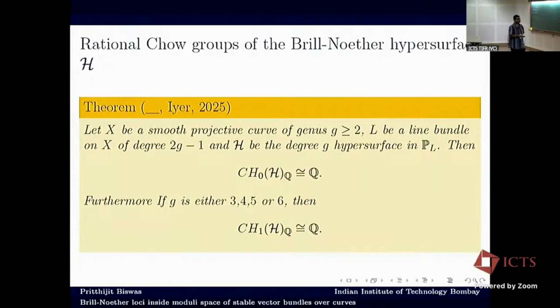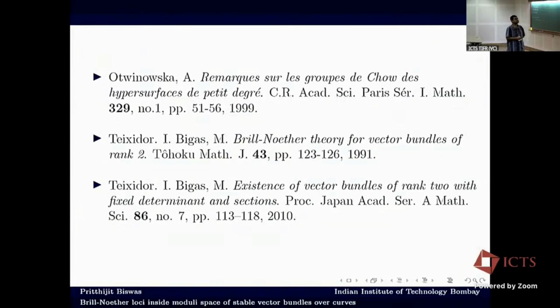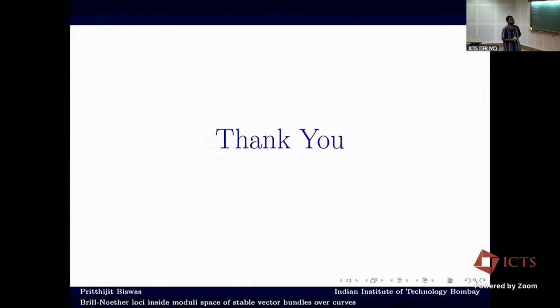So the hope was to compute Chow groups of this, but the fact that it's only a projective bundle, not an honest projective bundle, but generically a P1 bundle, I'm not quite sure how to do Chow groups of these varieties. So that's it. These are some important references. Thank you.